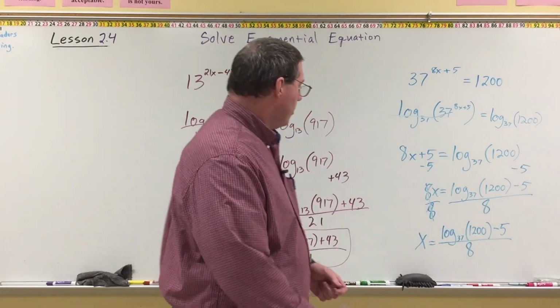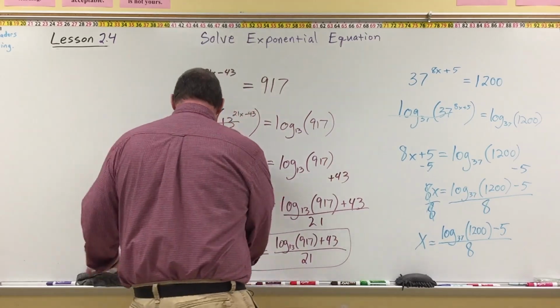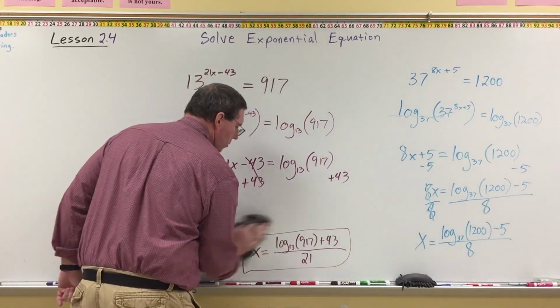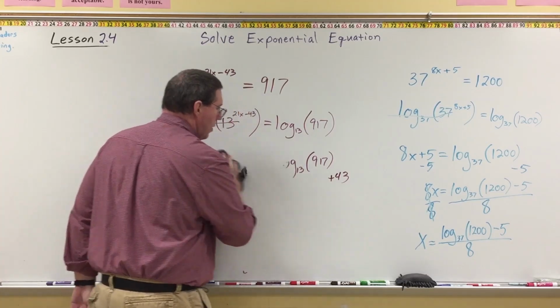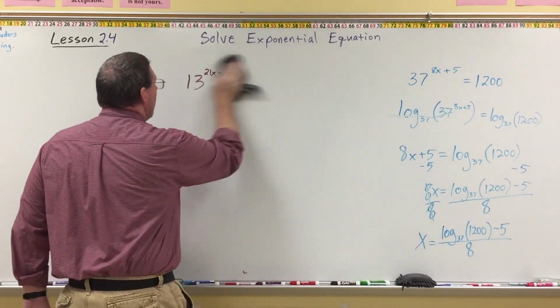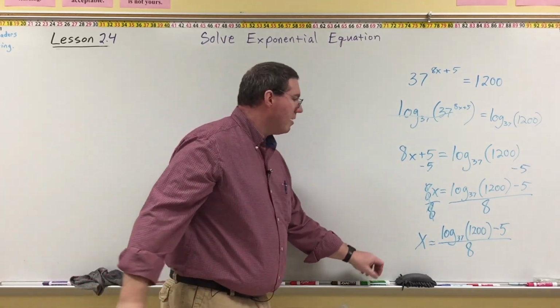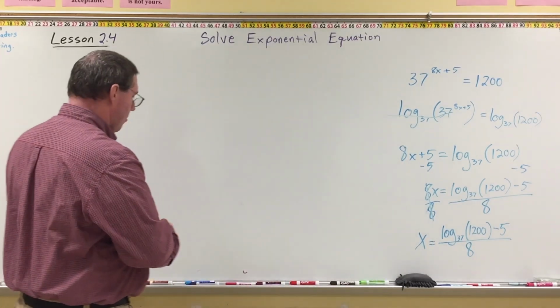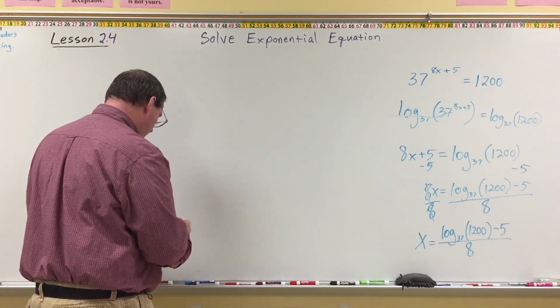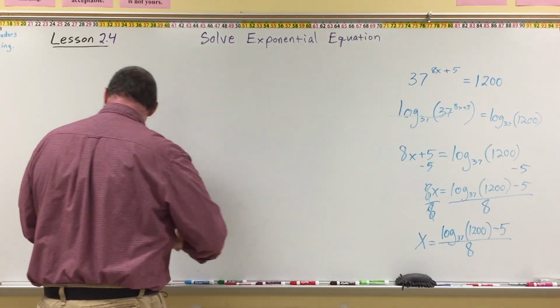All right, so I think, you know what, let's do at least one more. There's actually one kind of appearance of a problem that I have not done yet, so let's try something different. Let's use this one.